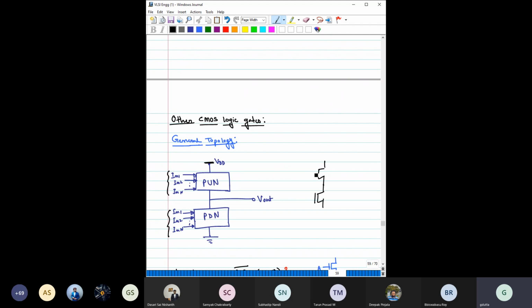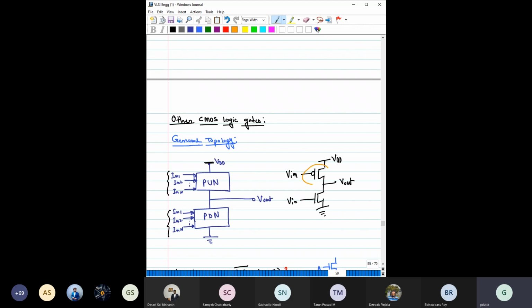So if you have to design a CMOS inverter, which we have already discussed many times, this is the typical construction. So let us say this is V in, this is also V in, this is V out, this is ground.